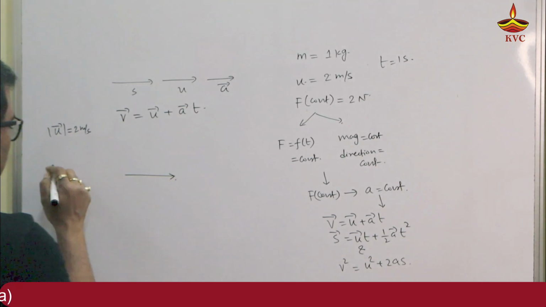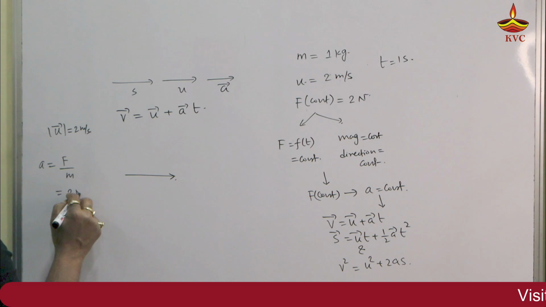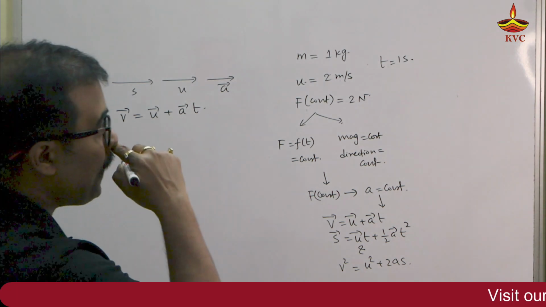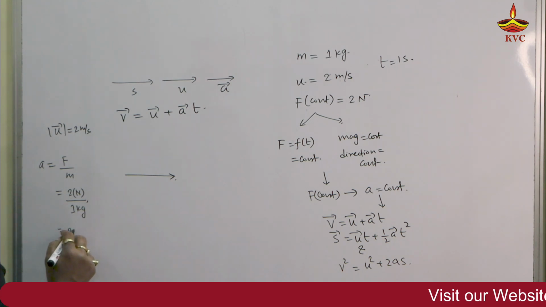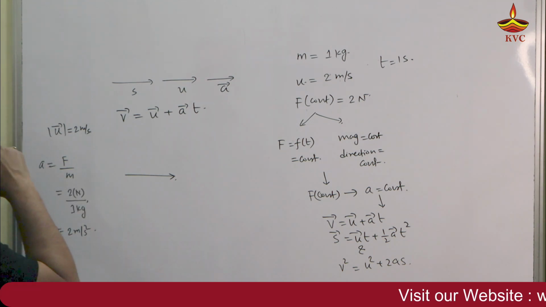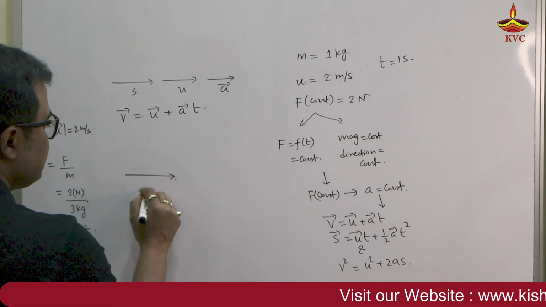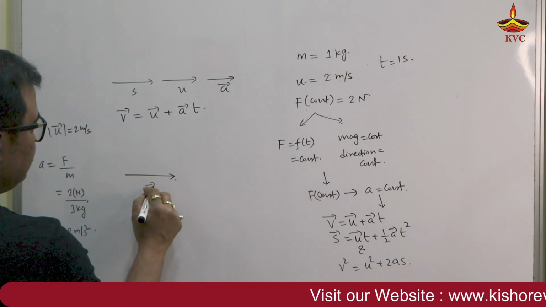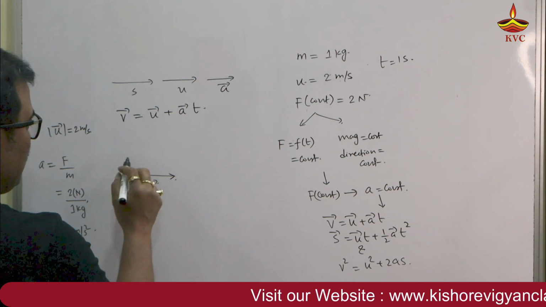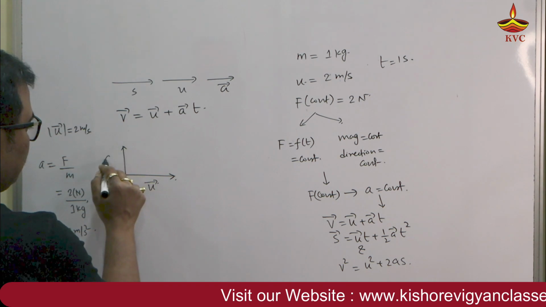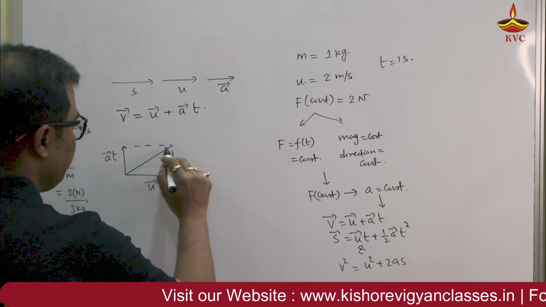So let's find the acceleration. Acceleration is F by m, so it is 2 Newton divided by 1 kg. So this is the at vector, this is u, and this is at. So this is v.